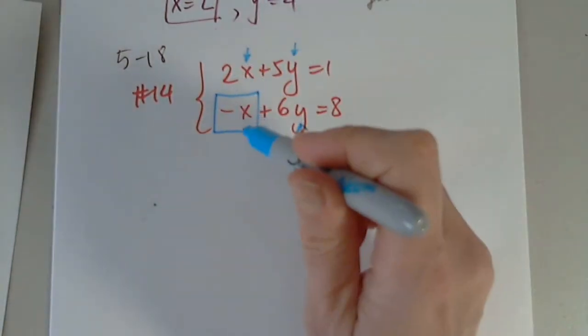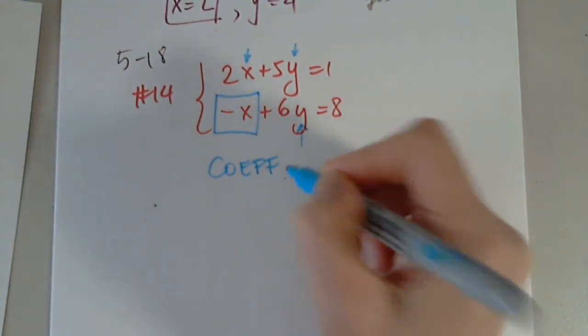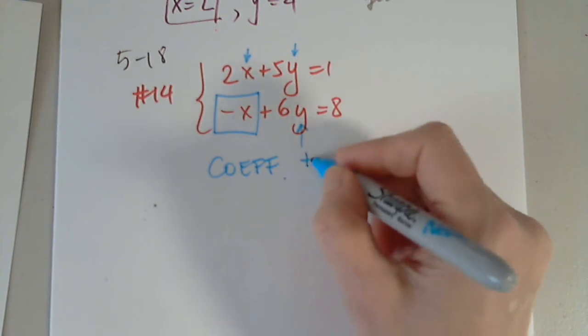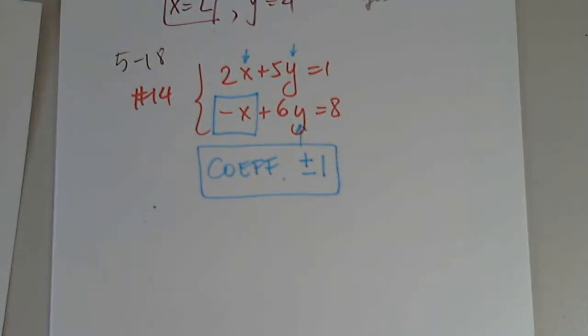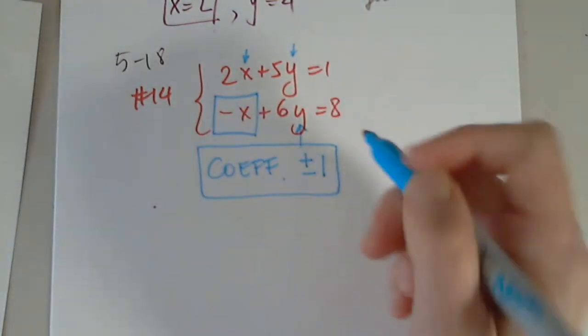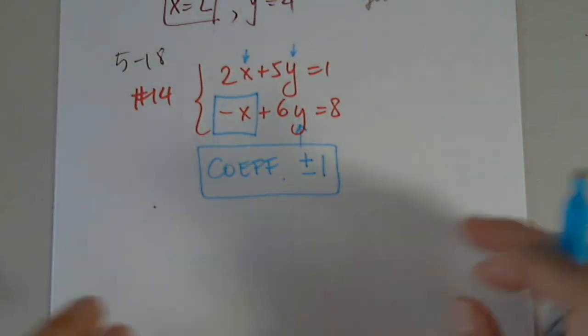I will solve this equation for x because the number in front of x is positive or negative 1. If it's any other number and I cannot simplify, I will not, because it becomes more difficult than it needs to be.